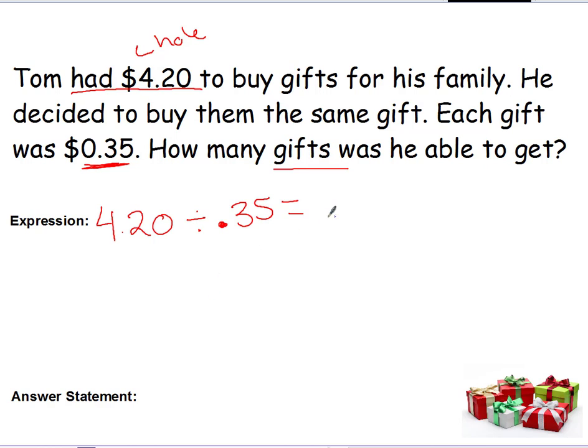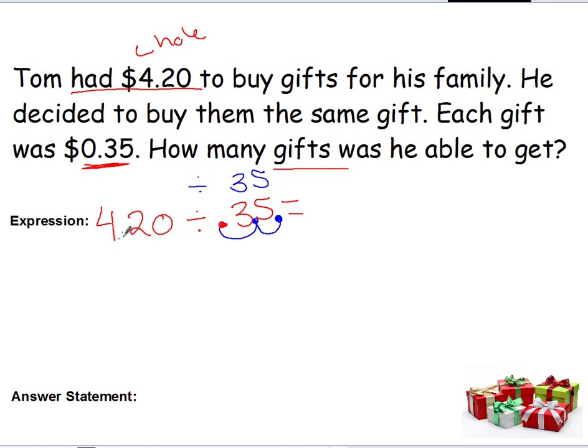Again, I'm running into a problem because my divisor is a decimal. So I have to move my decimal point to the right until I get a whole number. So I move it once, then I get a 3.5, still a decimal. If I move it twice, I get a 35. So it's going to be 35.